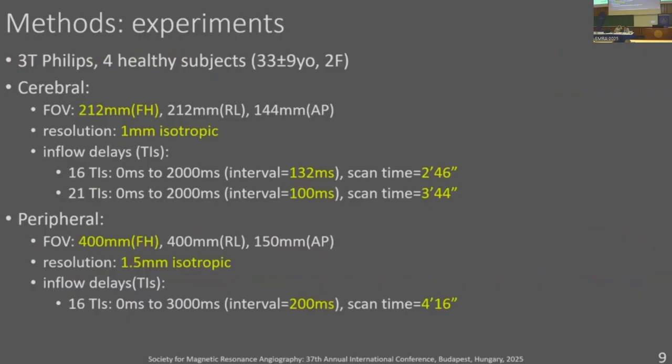IRB-approved scans were conducted on 4 healthy subjects at 3T Philips on both the cerebral and peripheral stations. The brain dynamic VSMRA has 16 or 21 TIs ranging from 0 milliseconds to 2000 milliseconds, while the peripheral scans have 16 TIs ranging from 0 to 3000 milliseconds.